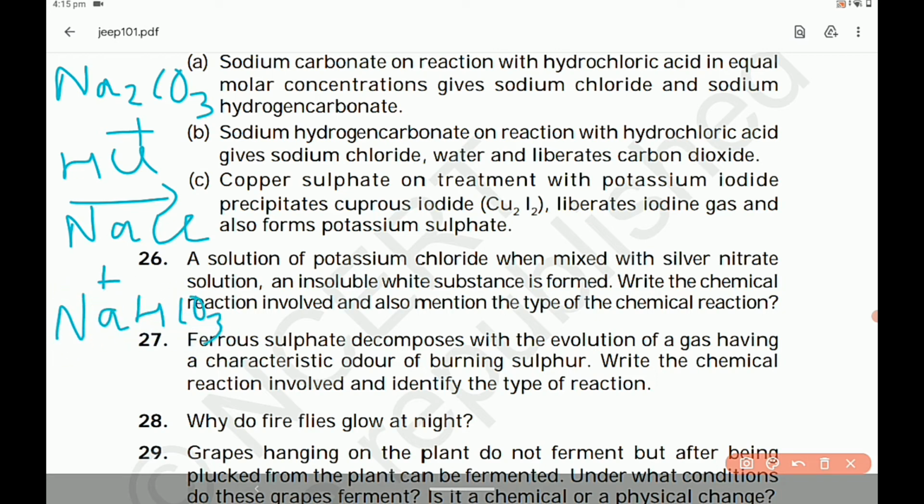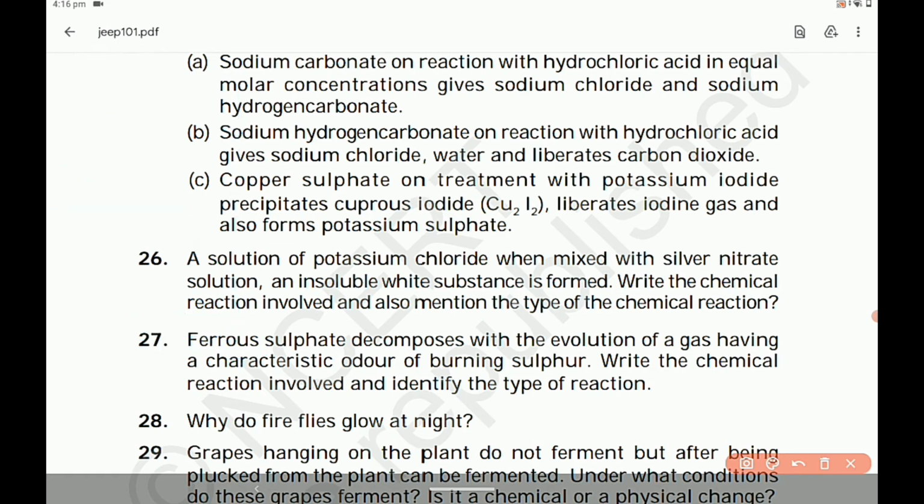It's balanced already, right? So just write the reaction and you can explain why it is balanced. There are two sodiums, one carbon, three oxygens, one chlorine, hydrogen one and one, balanced.